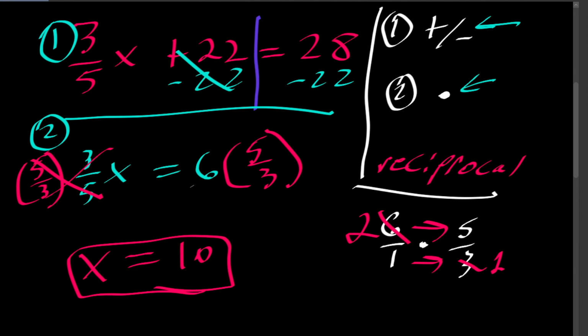So now, once again, the big takeaway from this video is if you want to get rid of a fraction, let's go back to the very beginning. What was it? Let me find it. All right. So 2 over 3, x equals 10.